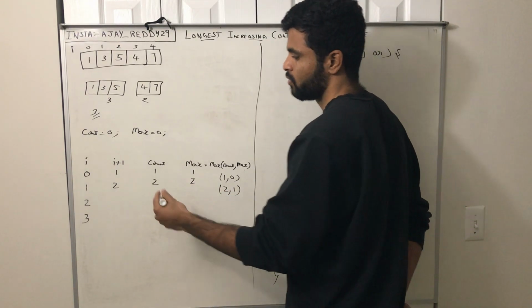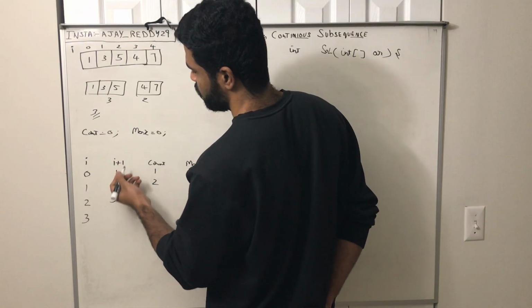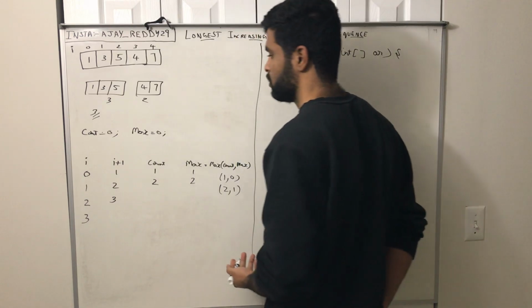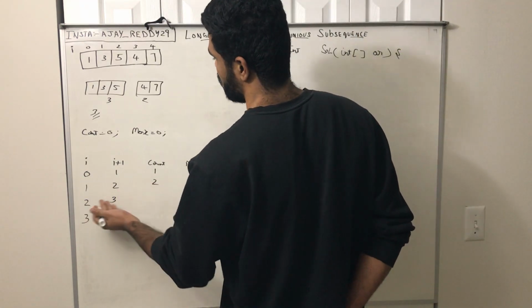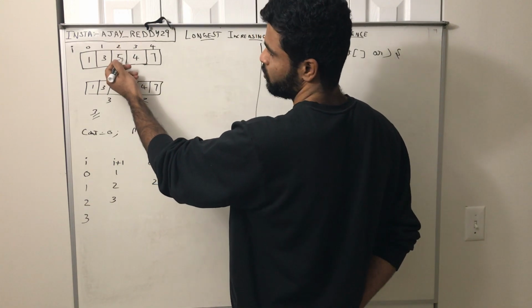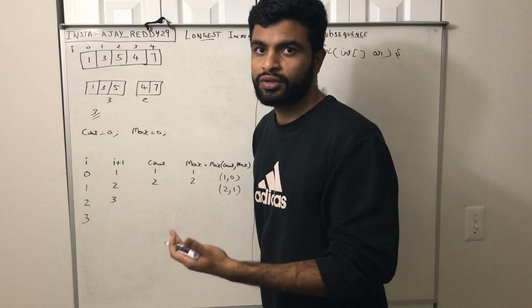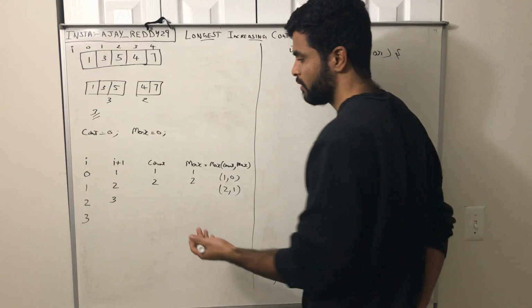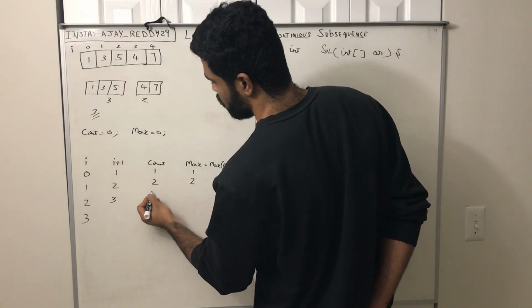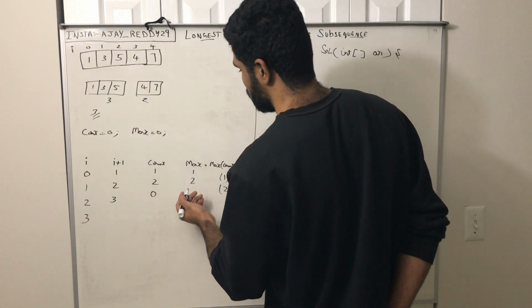Now in the next iteration, when I is 2, I plus 1 will be 3, and I will compare these two elements now, 5 and 4. Here you see 5 is greater than 4, that means it is not in increasing order anymore. So at that time I will reset the count to 0. And I will get the max now.